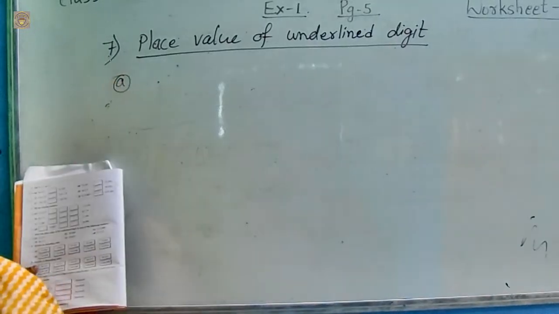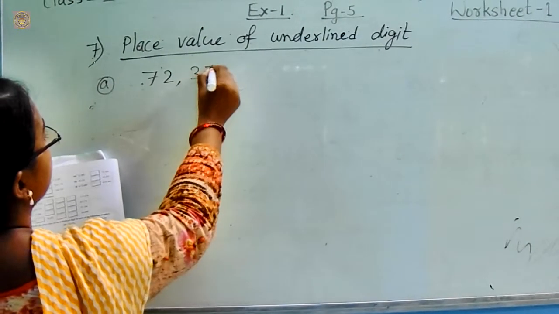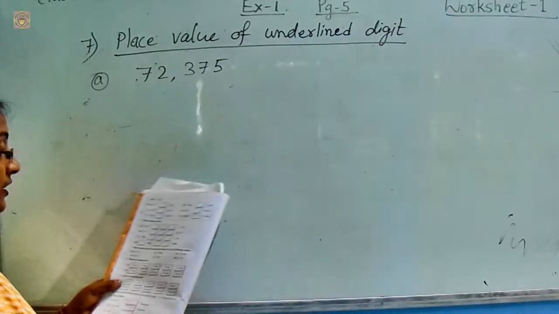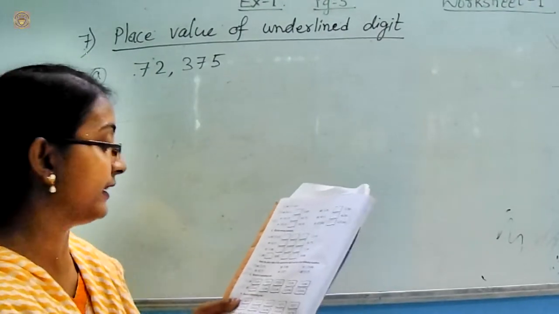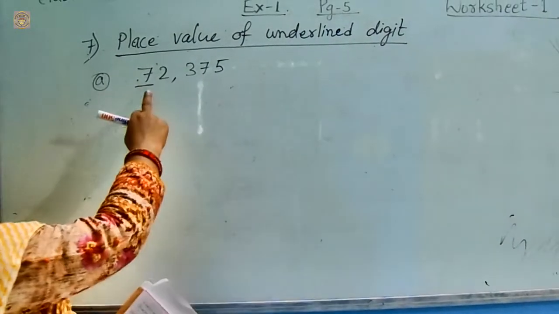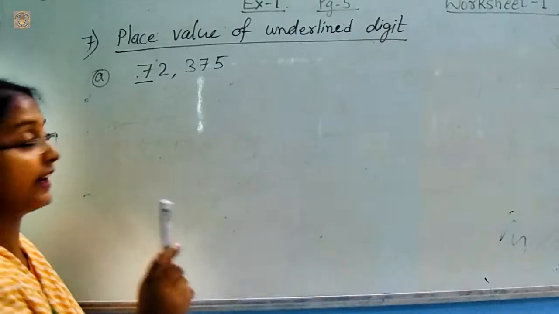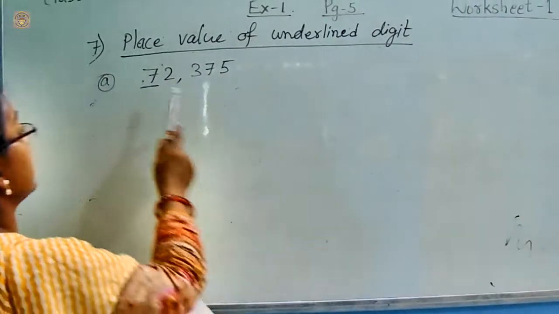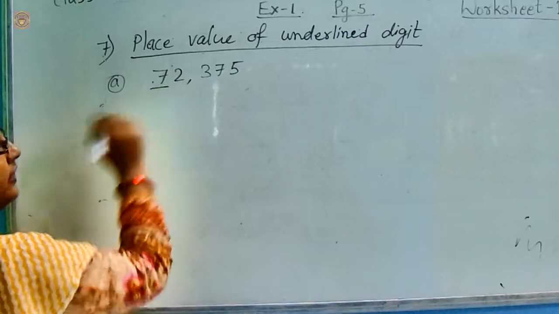Let's take some example. 72,375, and also look at your book. There is an underline that belongs to the 7. The 7 is not at the ones place and not at the 10th place. It is at the 10,000 place and the 7 is underlined here.